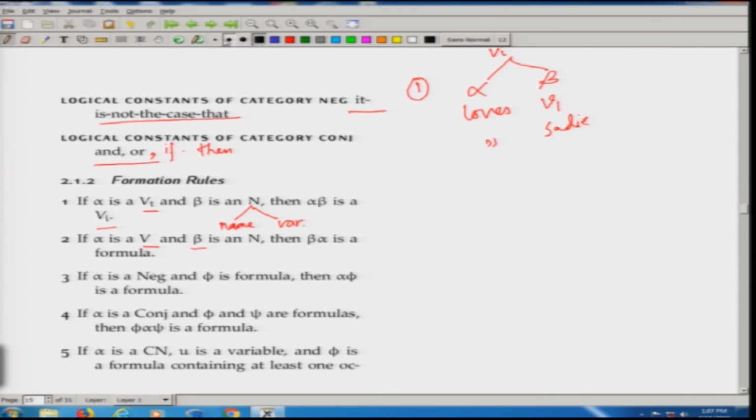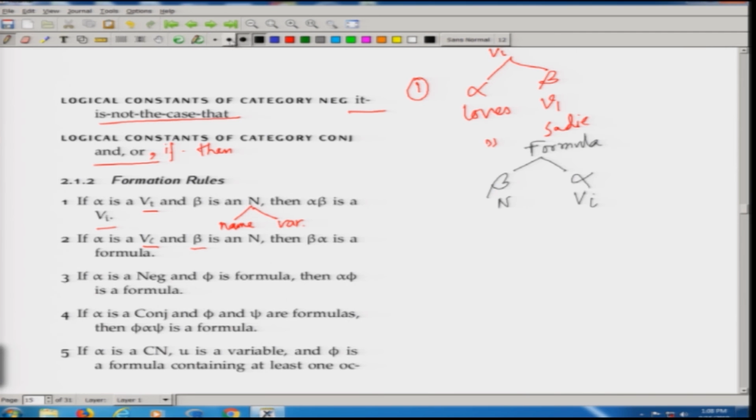So I just correct it here. So anyways, now if alpha is a Vi, and beta is an n, then beta alpha is a formula.